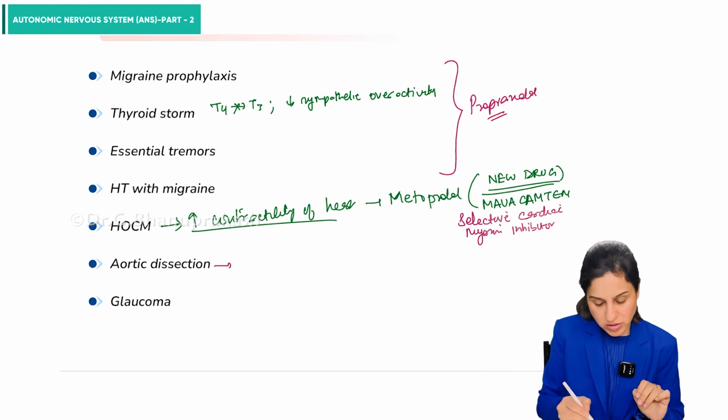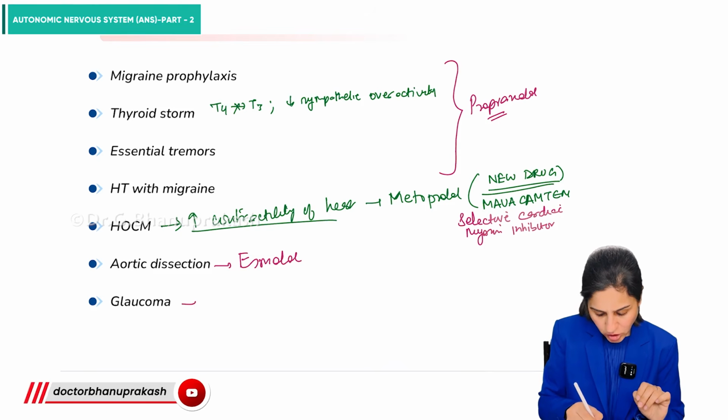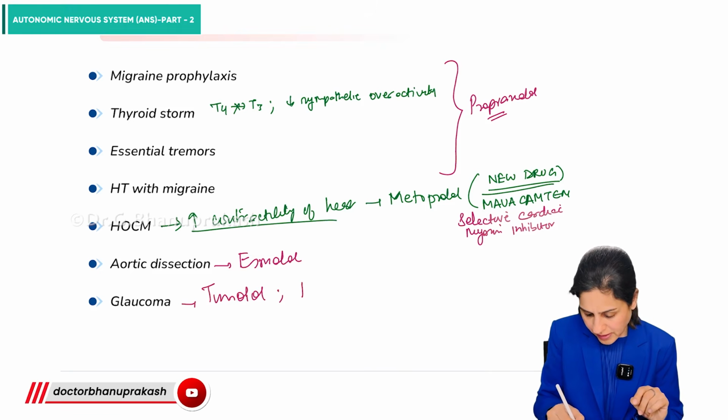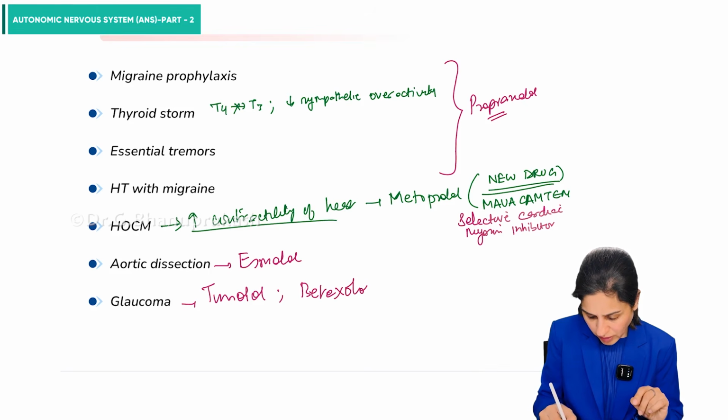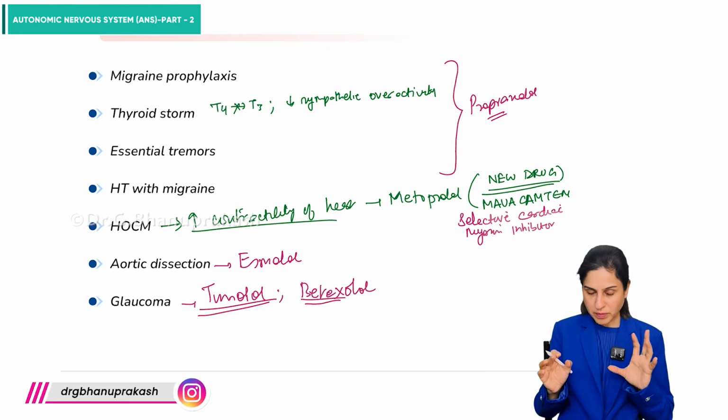Aortic dissection, an emergency condition, fast acting drug esmolol. Glaucoma, we have two drugs, one is timolol and the other is, we just now did the cardioselective one, betaxolol. Timolol is non-selective, betaxolol is selective for beta 1.